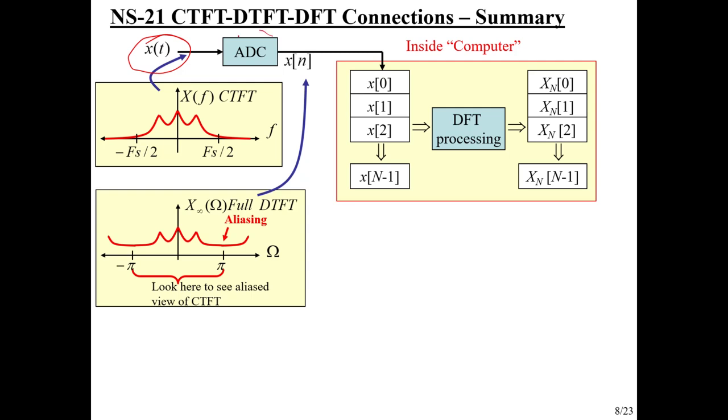Then we sample this, and we imagine that we have infinitely many samples here. That's why I have a sub-infinity here, and why I say full. So the full means I have the full infinite duration signal. Again, in the real world, we can't have that, but this is our thinking.